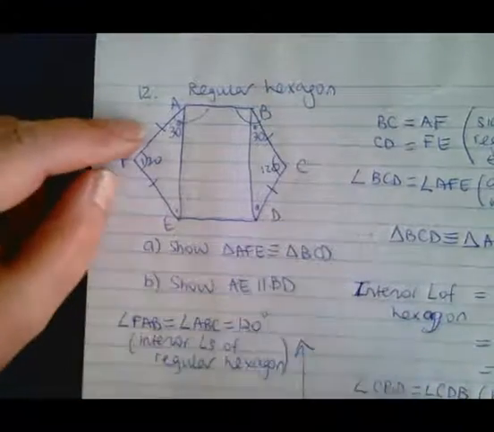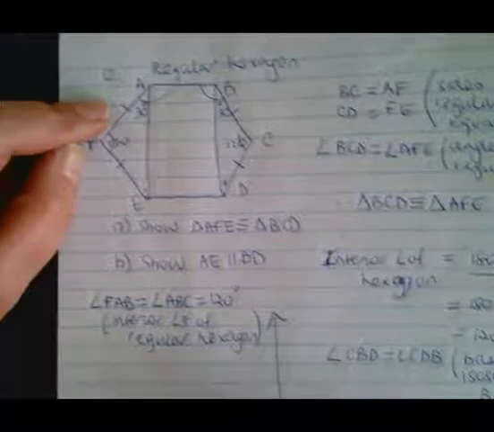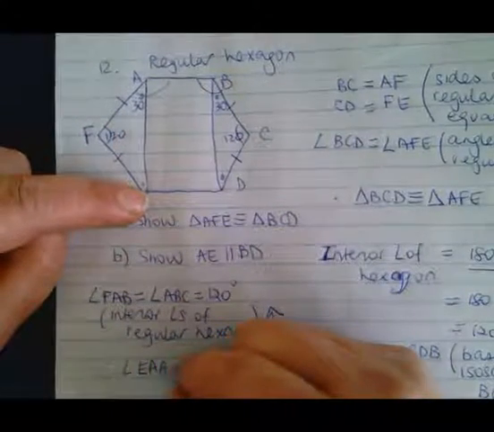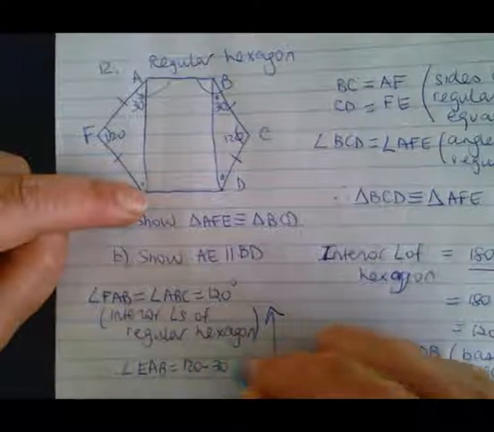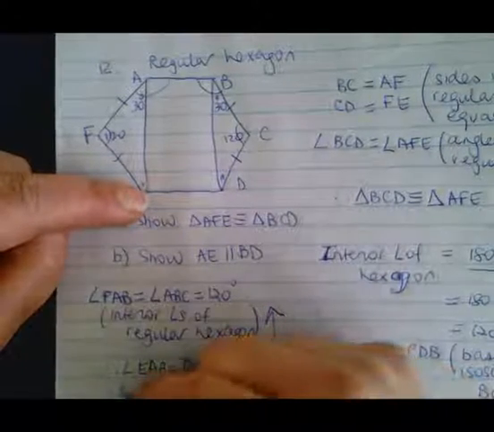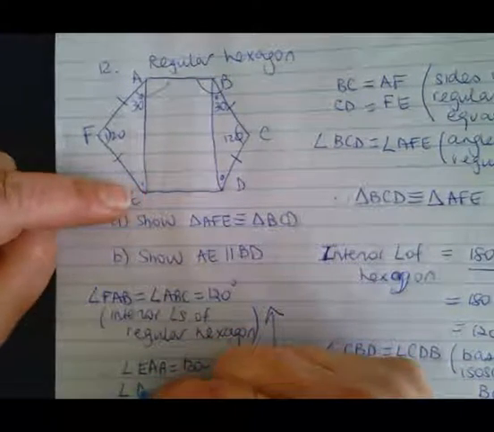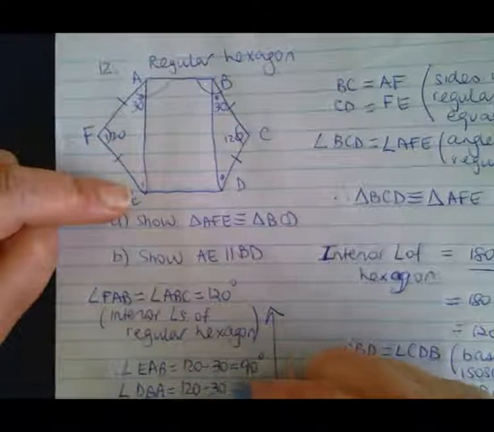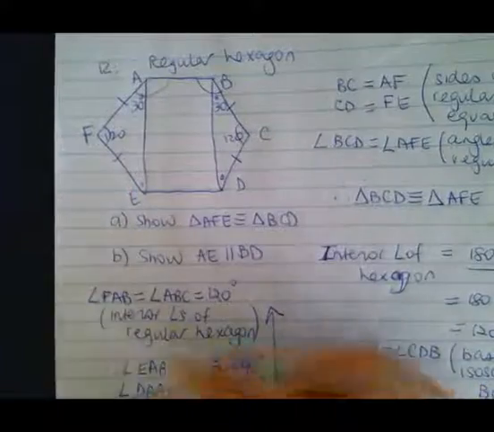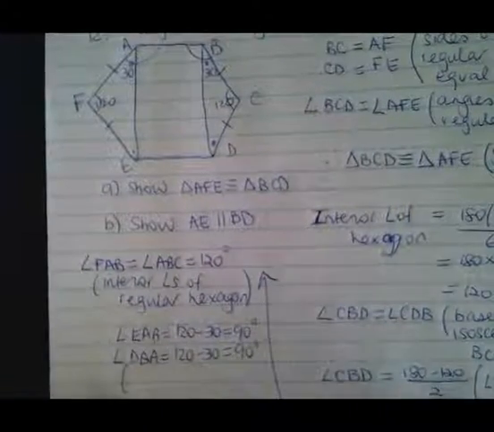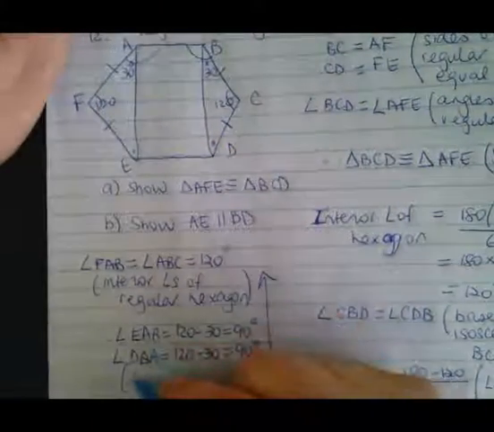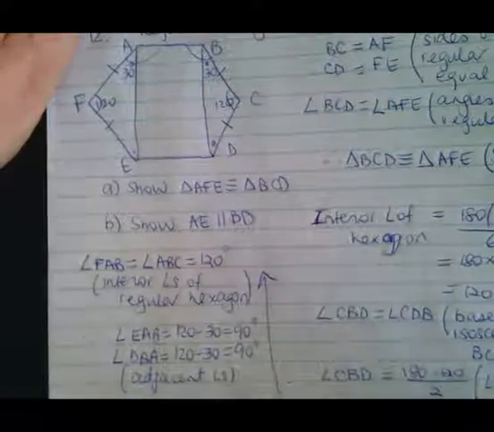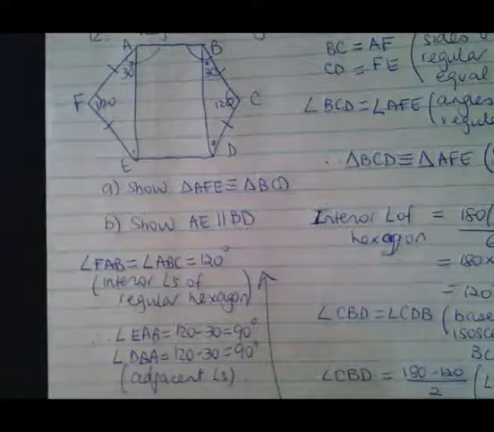Therefore, angle EAB is 120 minus 30, which is 90. And angle DBA is also 120 minus 30, which is 90. Reason? They're just adjacent angles, by subtraction.